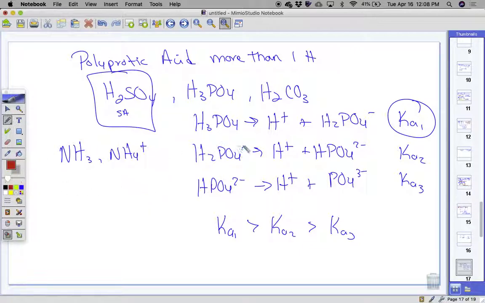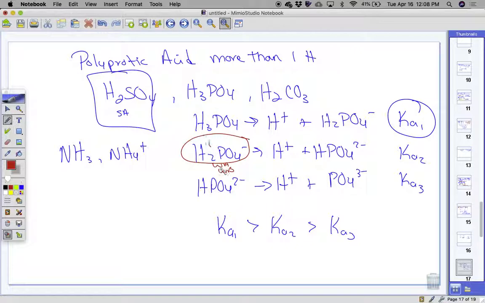Yes, NH3 is technically not amphoteric like water. Water can function as a weak acid, but it can also function as a weak base. Why can that one function as both? Because it can go either way, right? It can go this way and function as an acid. If it's here and going that way, what is it functioning as? A weak base, because it's gaining a proton.